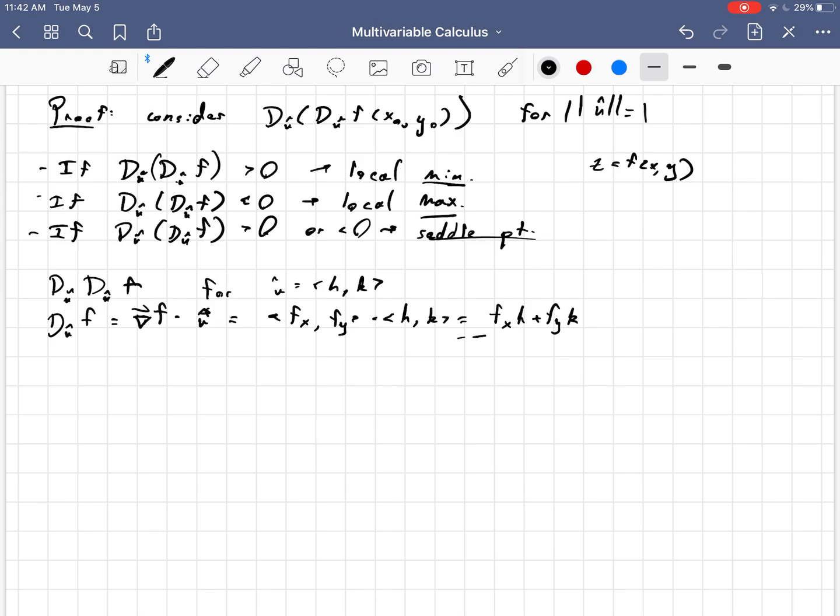Okay. Now, to take the directional derivative of this, we need to find the gradient.